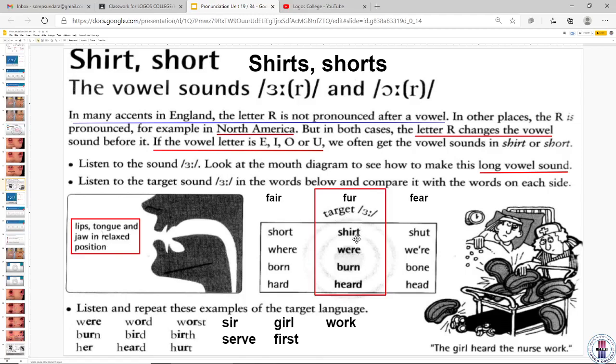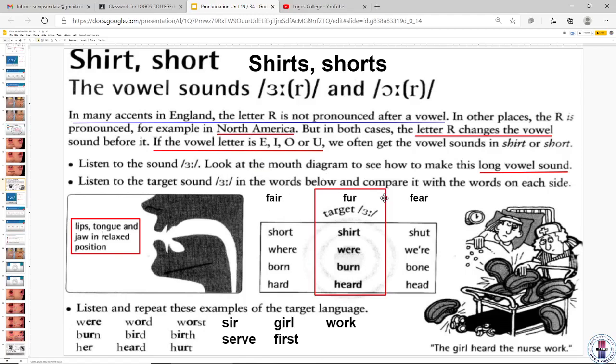If the vowel letters are E, I, O, or U, we often get the vowel sounds in shirt or short. So if the vowel letter before the R is U or an O, an I, or E, it usually changes to the sound or or.